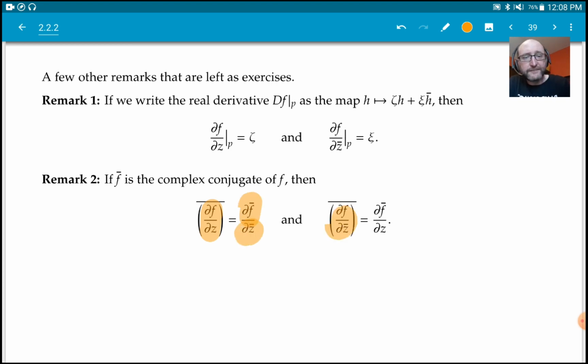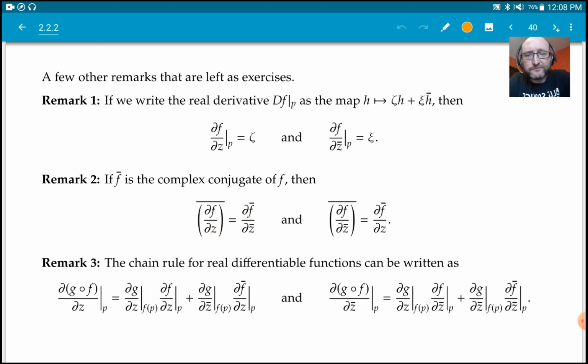And similarly, if I take the z bar derivative of f and conjugate that, that is the same thing as the z derivative of f bar. There's nothing deep about this. You just write down the definitions and it works out, and that's exactly what it comes out to.